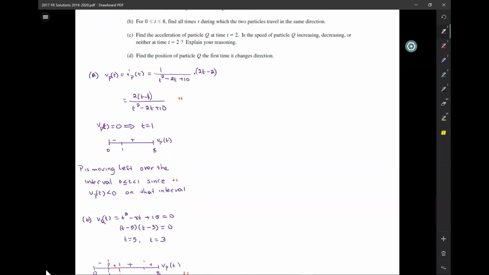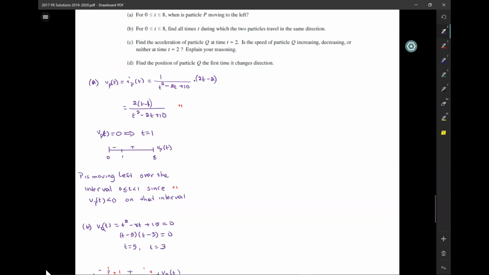So we want A Q of t, which is equal to V prime Q of t, and that's equal to 2t minus 8. We want it at 2, so A of 2 is equal to negative 4.